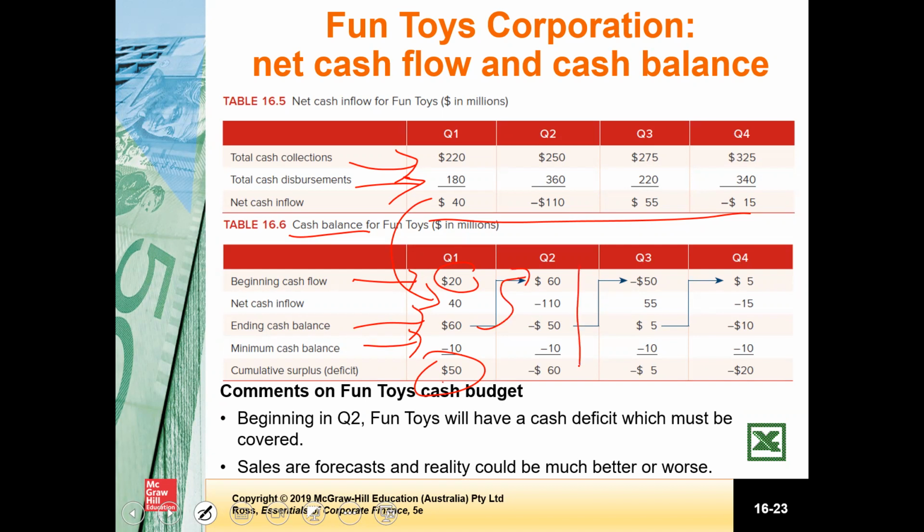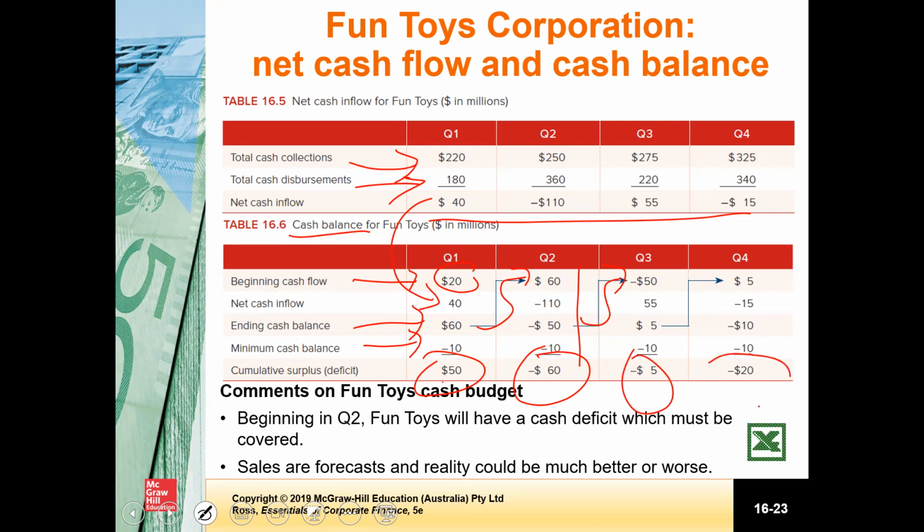Then with the same calculation, the ending cash balance of quarter two is the beginning cash balance of quarter three. And we keep doing the same calculation. Okay. So you can see that due to the seasonal needs and also for the capital expenditure, the quarter two cash balance is negative, which means that they have a cash deficit. So it is reduced down to -5 in quarter three.